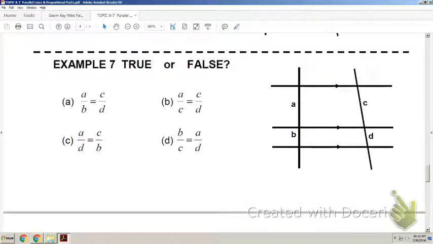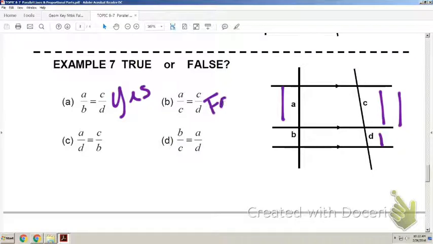So let's check and see if these are proportional or not. Part A says A over B equals C over D. Yes, that's set up proportionally. Part B says A over C equals C over D. We didn't even get B in the mix, so this is definitely a false. That can't work.